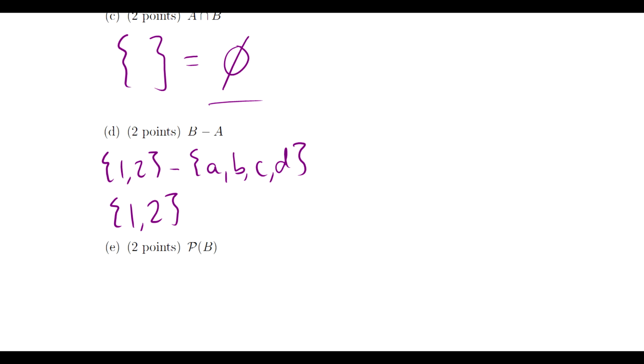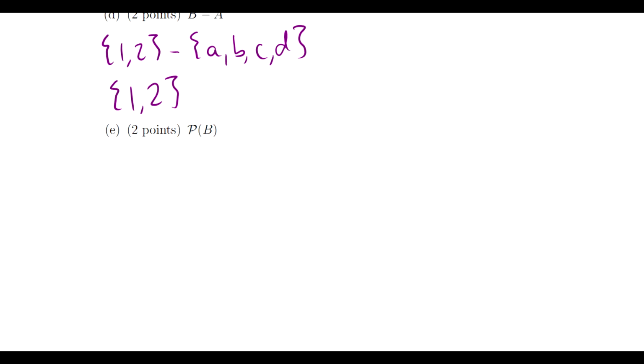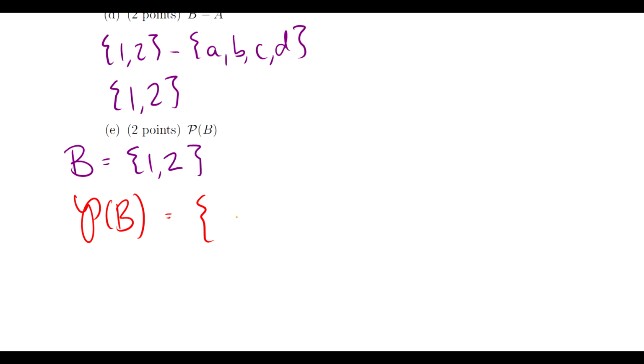Okay, what is the power set of B? The power set is the set of all possible subsets. So let's remind ourselves that B is the set {1, 2}. So the power set of B, which I wrote like this in the videos, so hopefully the symbols weren't too difficult to discern, is going to be, first of all, the empty set is a possible subset of B. The set containing 1 is a possible subset of B. The set containing 2 is a possible subset.